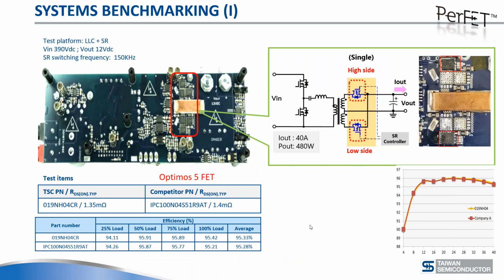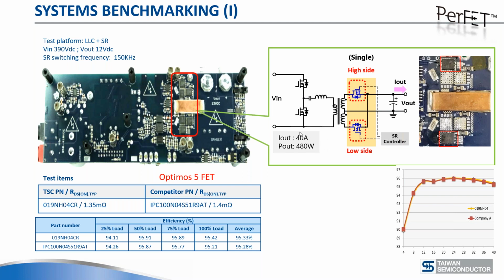So we have an applications lab which is benchmarking the MOSFETs continuously. What we're seeing here is the benchmarking results against an OPTIMOS 5 MOSFET from Infineon. What you see here is LLC, which refers to the topology of the power supply, this stage of the power supply, with the input here. It is a 480 watt power supply.